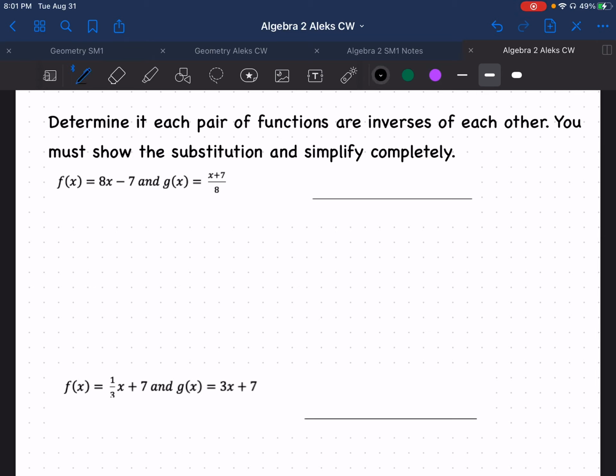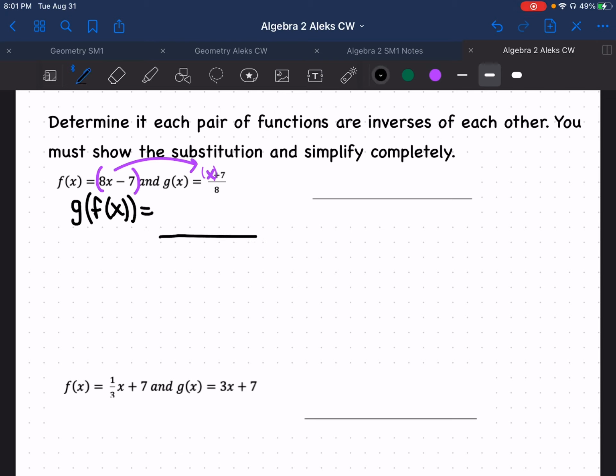I think for this one, I'm probably going to do g of f of x, which means I am going to take my f of x right here and plug it into the x in my g of x problem. So I'm going to make those into parentheses, and this guy is going to be replacing the x over there.